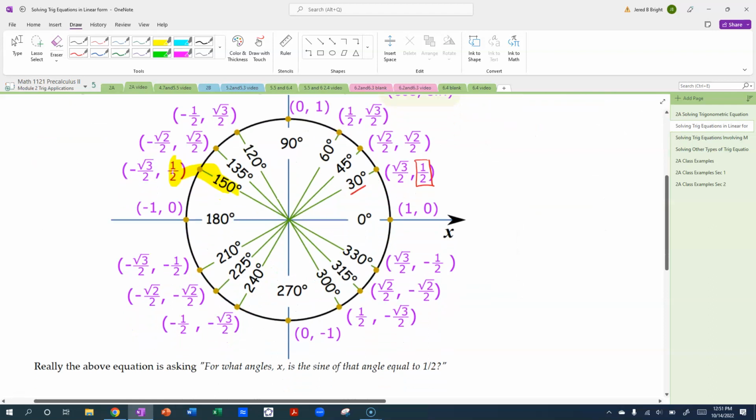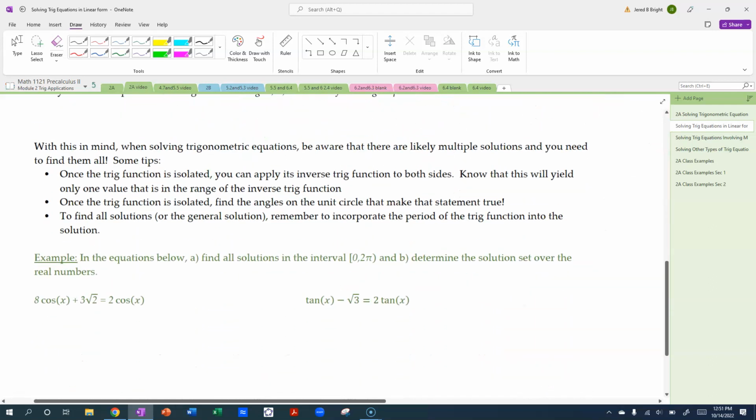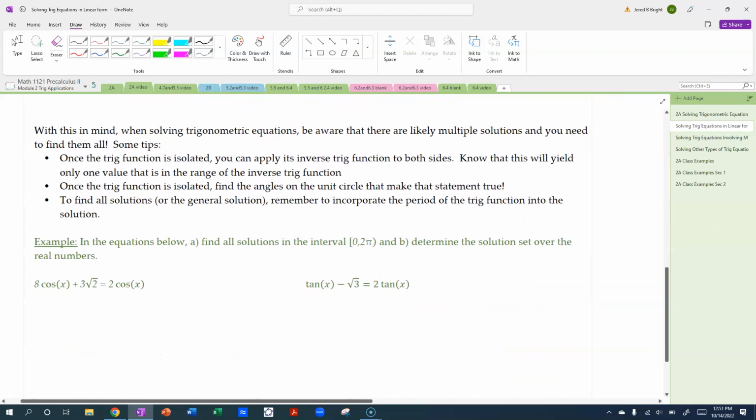That is what we need to do effectively in these exercises. Now, not everything's going to be as straightforward as what I just did above. So the general process is that we want to isolate the trig function first. And then you can apply the inverse trig function if you wish, but you only get one value.